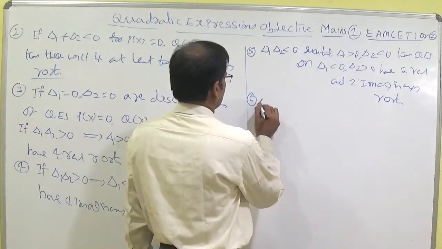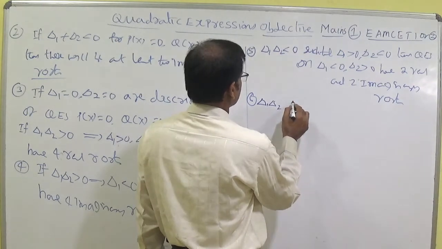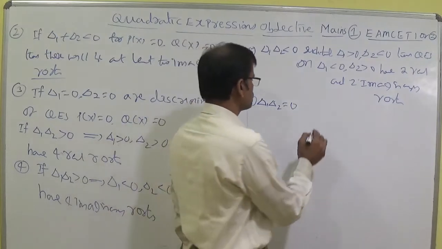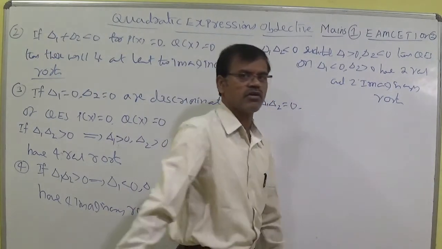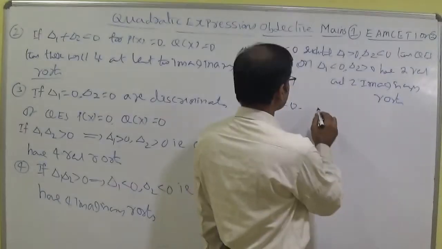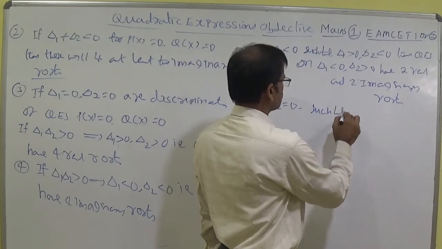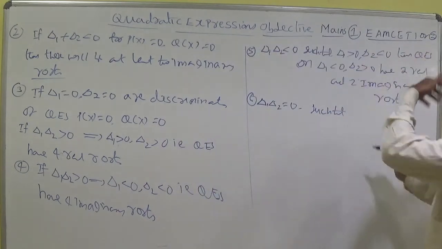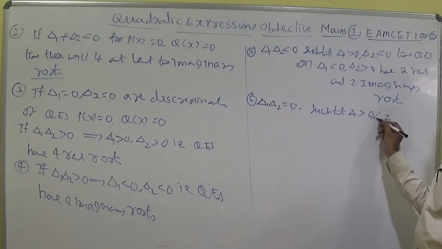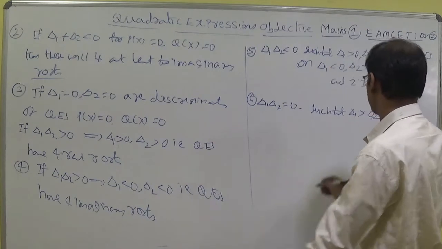Next, let us discuss delta 1 delta 2 equal to 0. These are called the combined quadratic equations concept. Such that we can write here delta 1 greater than 0, delta 2 equal to 0, positive into 0.